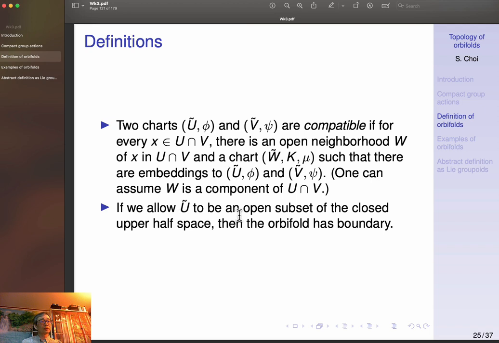If we allow Ũ to be an open subset of the closed upper half space, then the orbifold has a boundary. The boundary of this upper half space corresponds to the boundary of the orbifold. Again, the proof uses the invariance of domain theorem for this to work, and the boundary is a well-defined set because of this invariance of domain.